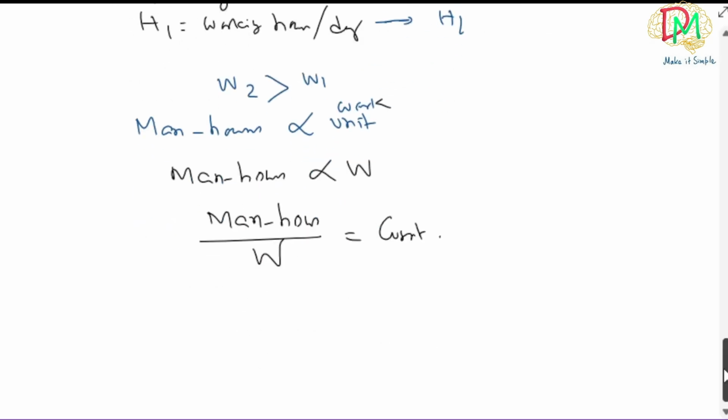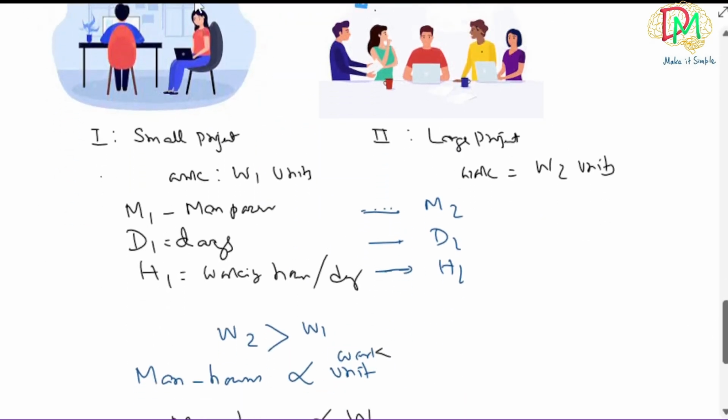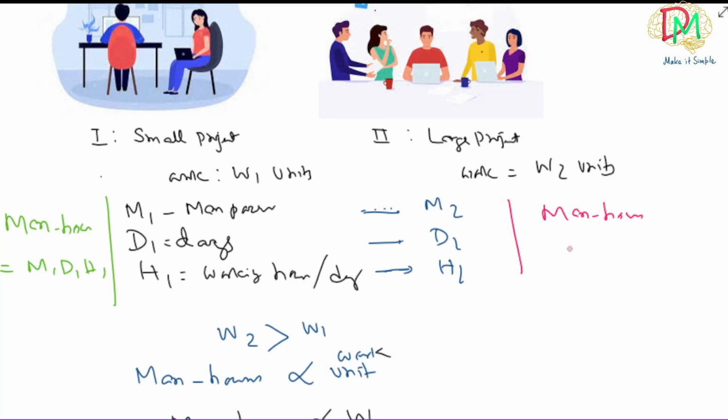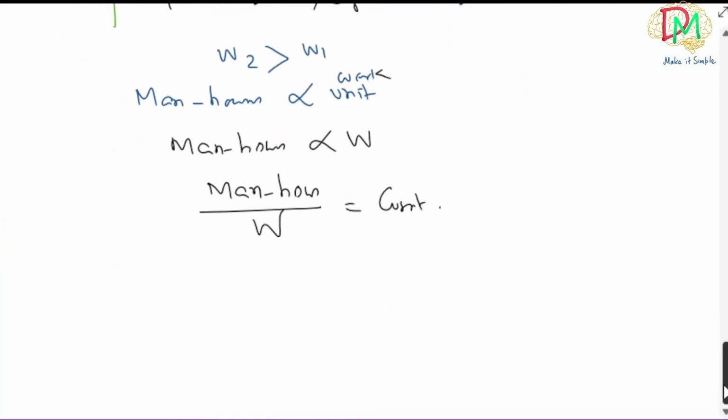For the first case, the man hours is equal to M1 D1 H1, and for the second case, man hours is equal to M2 D2 H2. So we can say that M D H by W is equal to a constant.